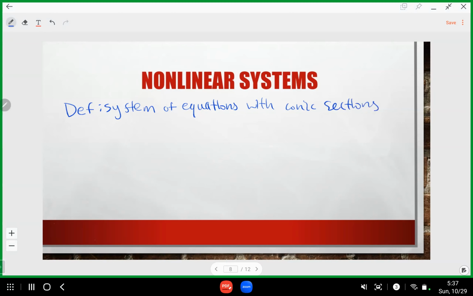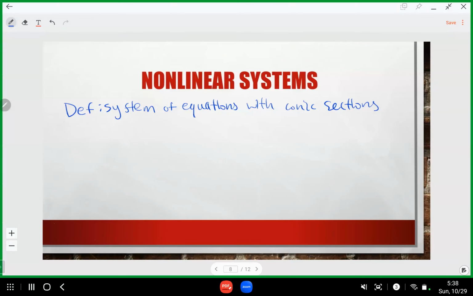And I think you can do this with substitution or elimination. It depends really which method is the best. So here are a couple of scenarios.